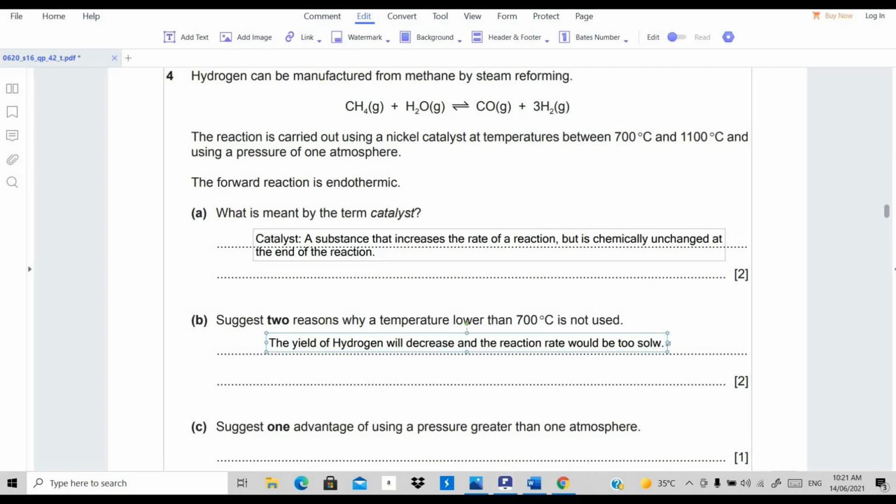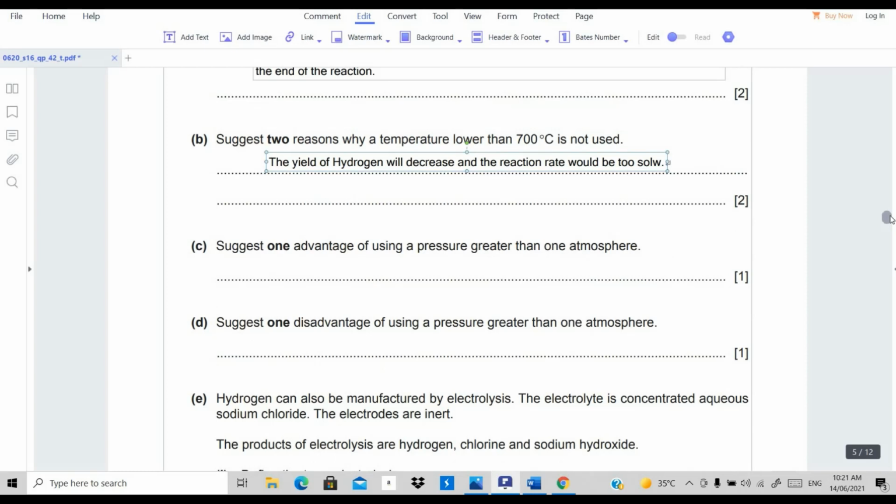Moving on to part C. Part C asks us to suggest one advantage of using a pressure greater than 1 atmosphere. So whenever they ask you to suggest one advantage of increasing the pressure or increasing the temperature, you need to know that whenever we increase these three factors, the reaction rate will increase.